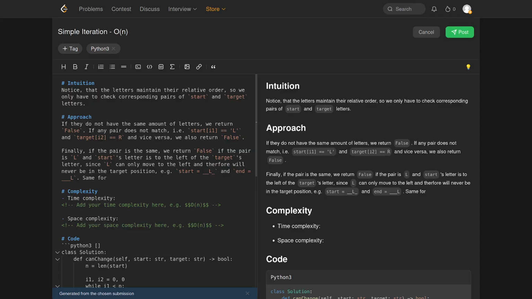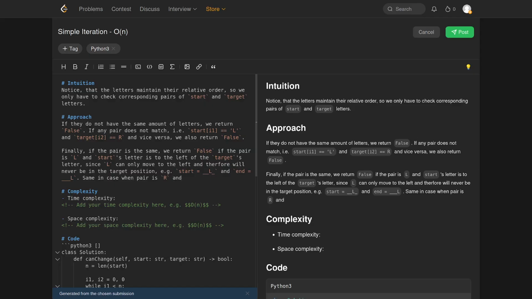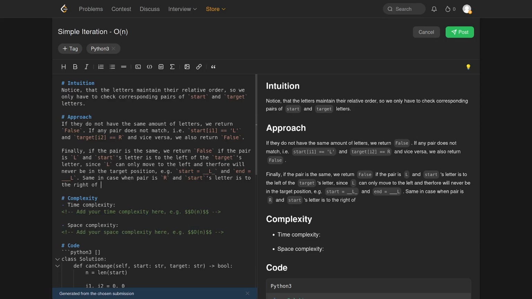Same in case when the pair is R and the start's letter is to the right of the target's letter, e.g. start and target.